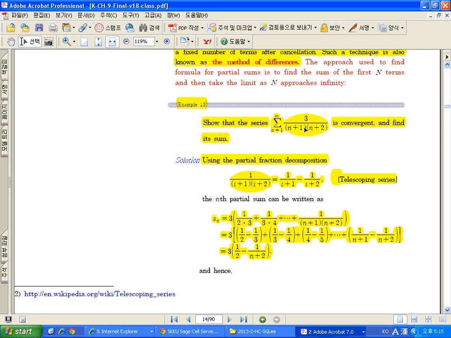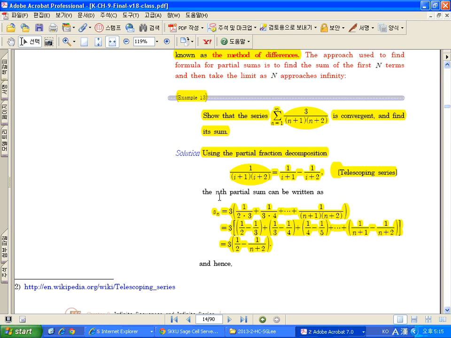Show that the series is convergent and find the sum. So we make the nth term a difference of two terms like this. Then it turns out to be a telescoping series, and the nth partial sum can be written this way.